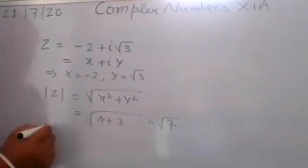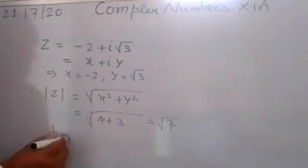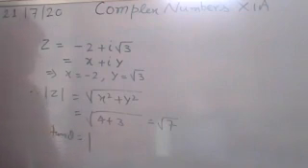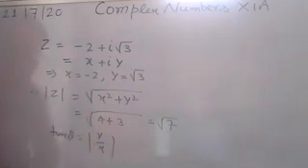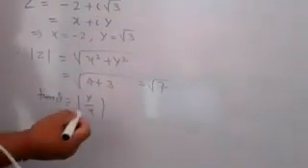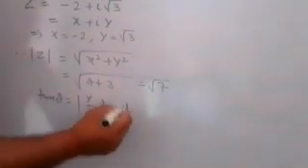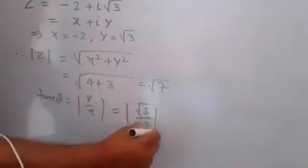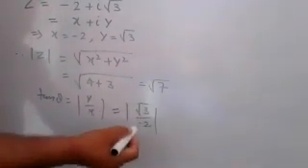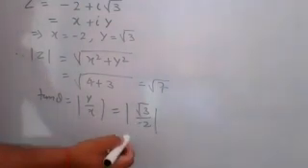So you write tan theta is equal to mod of y upon x. Putting the values of y and x, you have root 3 upon -2, and that complete number is within mod, so that is equal to root 3 by 2.